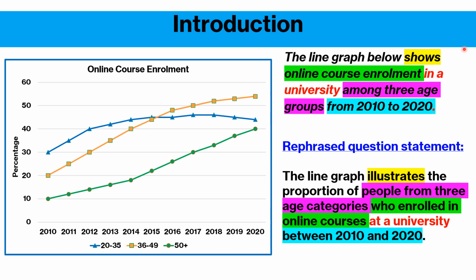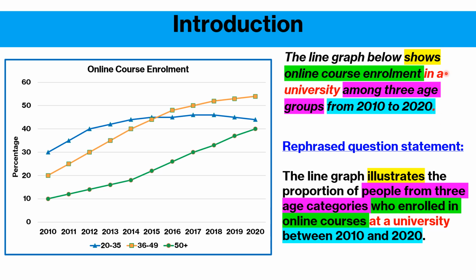Let's look at how this sentence paraphrases the original question. The changes from the original question are highlighted in different colors for you to notice easily. Instead of saying shows, we used illustrates. Instead of online course enrollment, we used people who enrolled in online courses.